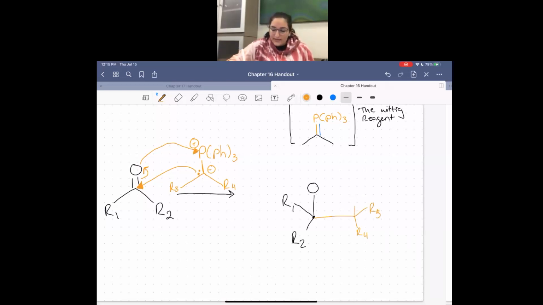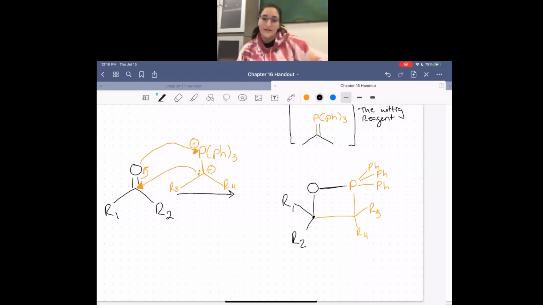And they're still attached to the phosphorus, which is attached to Ph, Ph, Ph. And last but not least, the oxygen and the phosphorus have a bond. Does this thing look happy? No, I would agree. It does not look happy. It looks disgusting. So let's fix it, right?